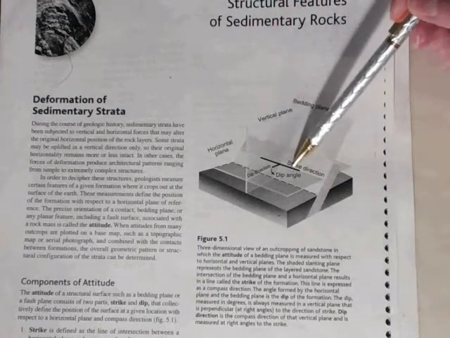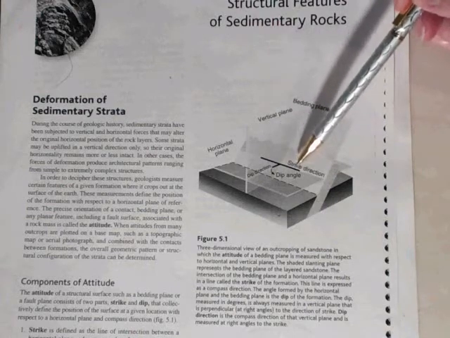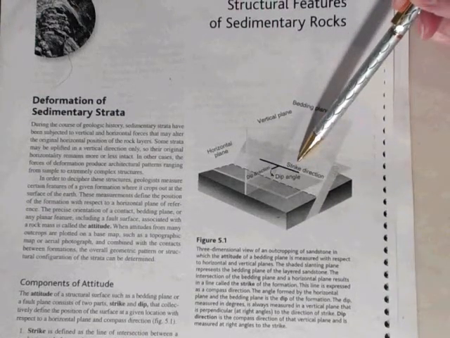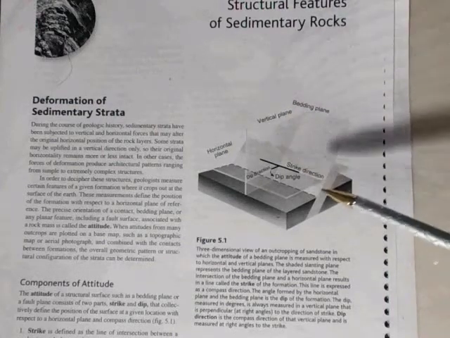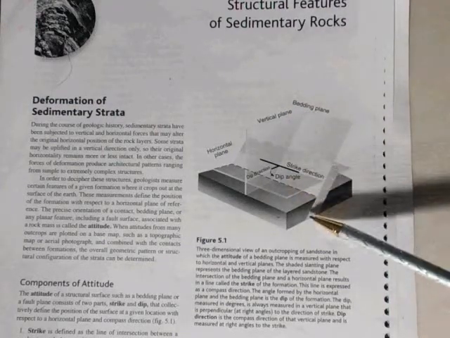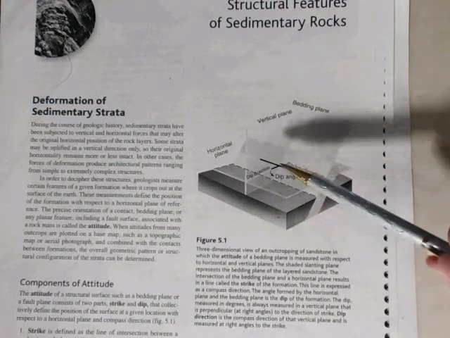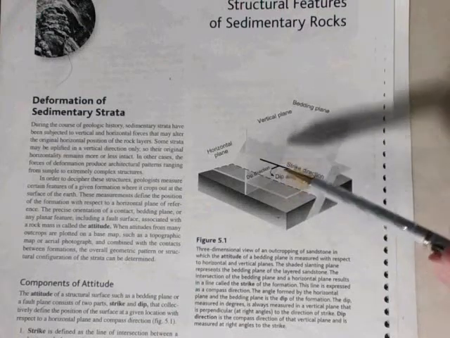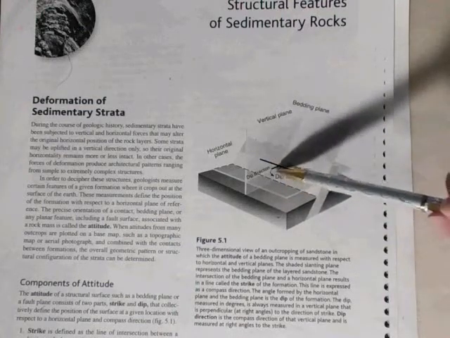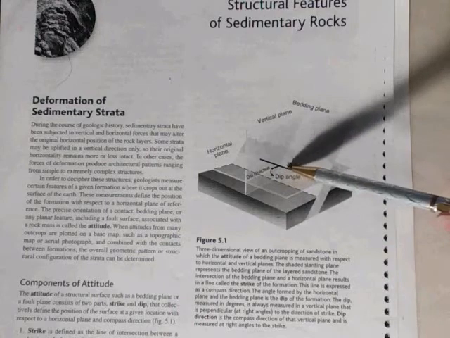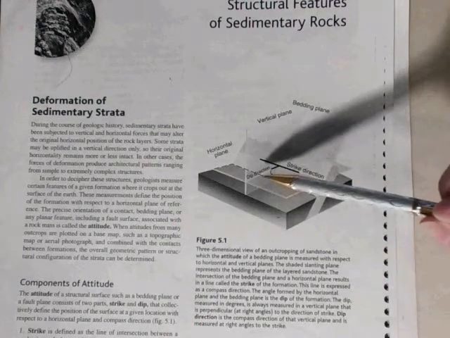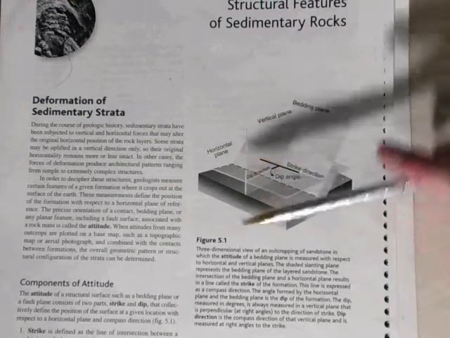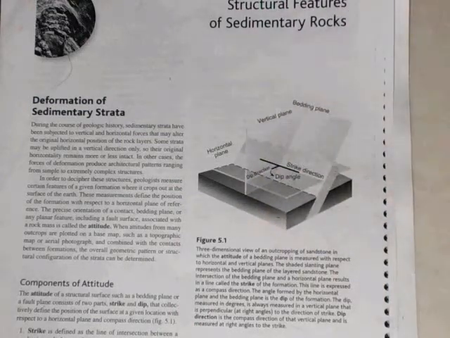And so we've got a long line there indicating the direction of the strike, and that's the horizontal line. And then the dipping angle. So here's our angle of inclination. That's the dipping angle, okay? The direction that water would go down. But notice how it's always perpendicular to the strike. That's how it gets drawn. So that's your dipping direction. So strike and then dip, okay? Dip is always perpendicular to your strike, okay?